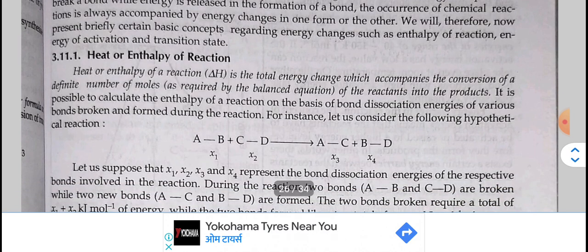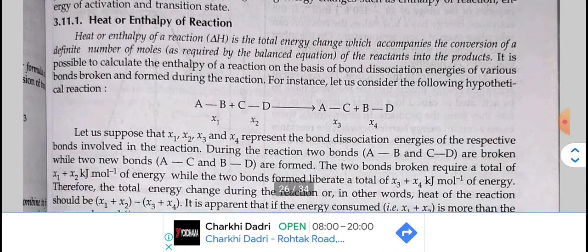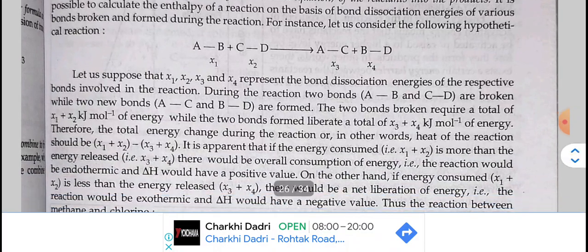Heat or enthalpy of reaction, delta H, is the total energy change which accompanies the conversion of a definite number of moles of the reactant into the product. It is possible to calculate the enthalpy of reaction on the basis of bond dissociation energies of various bonds broken and formed during the reaction.